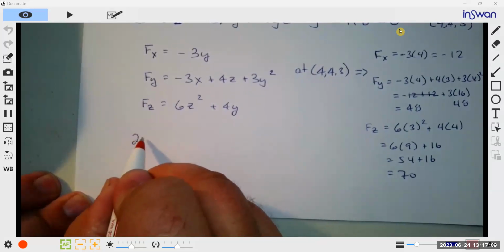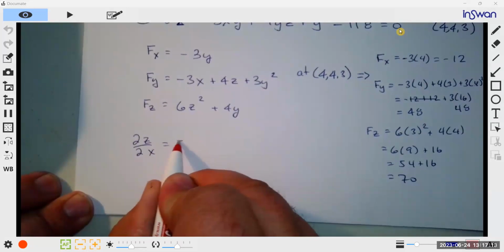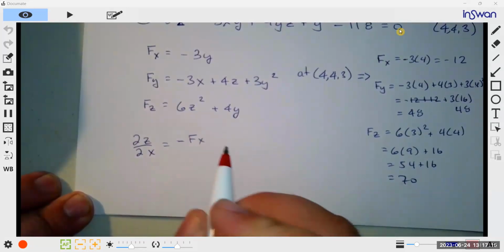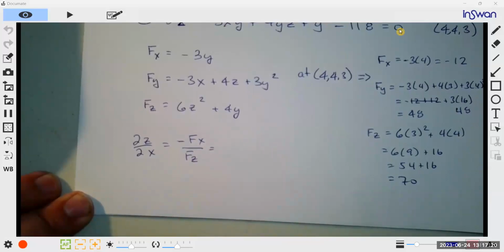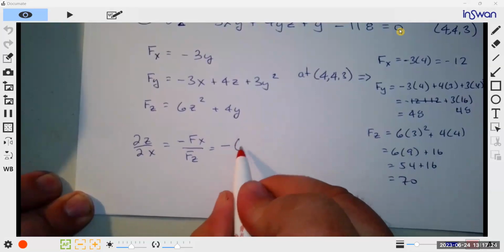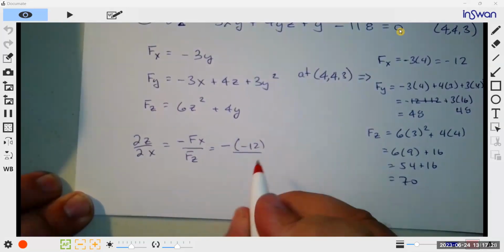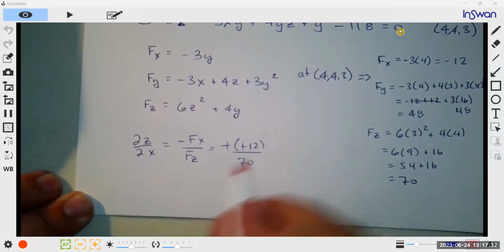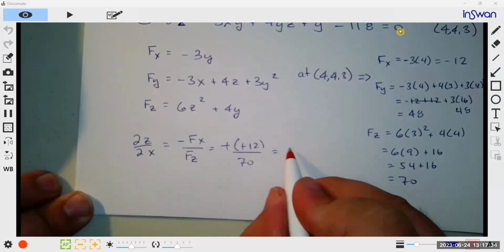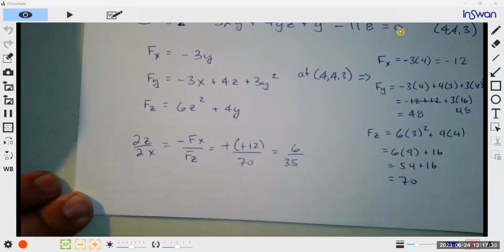So dz/dx is negative F_x over F_z, which equals negative negative 12 over 70, which is 6 over 35.